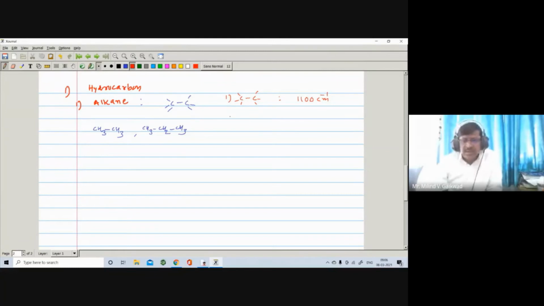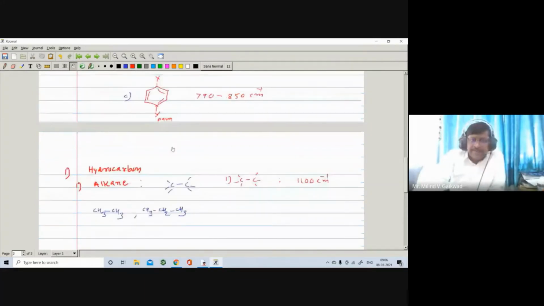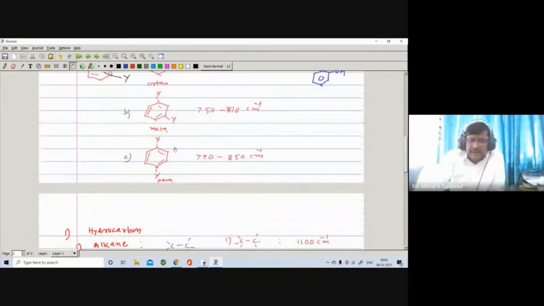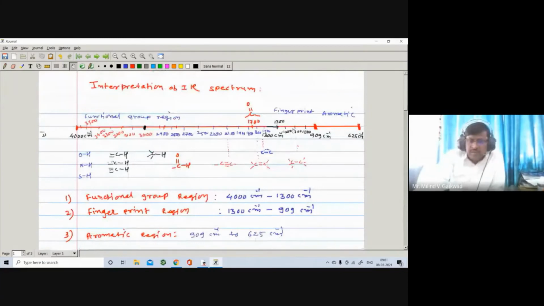So 1100 centimeter inverse. This band will appear in this spectra here at 1100. So getting a signal here, you may say that it may contain a CC bond.